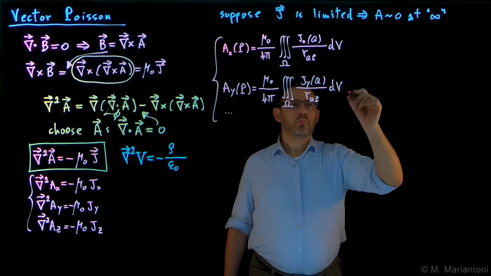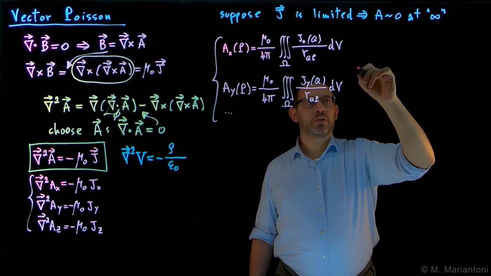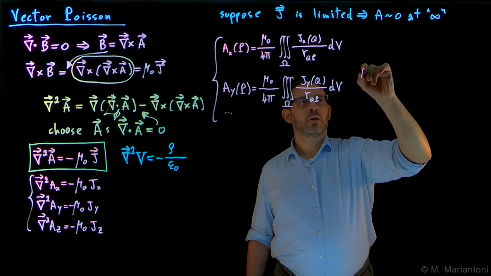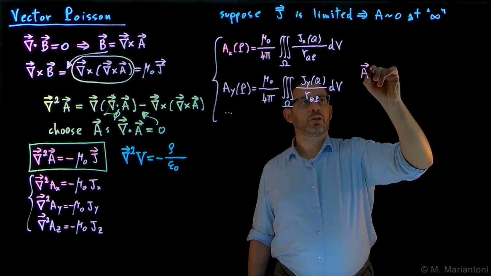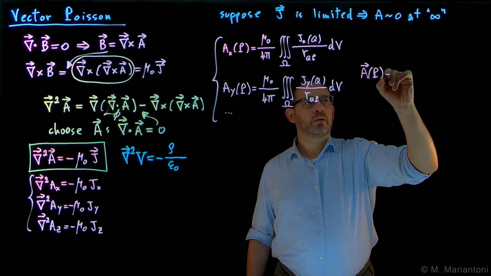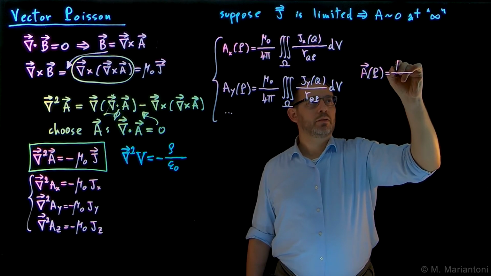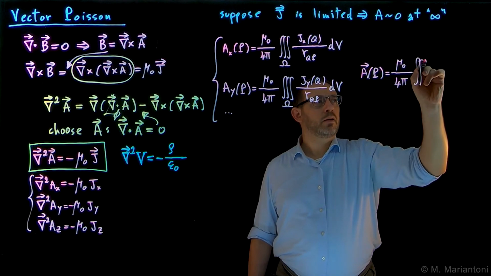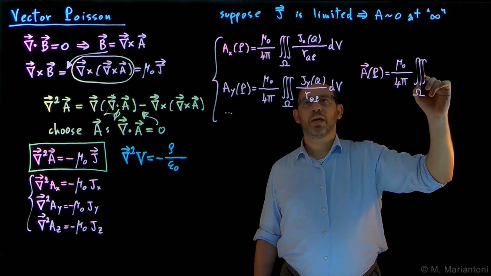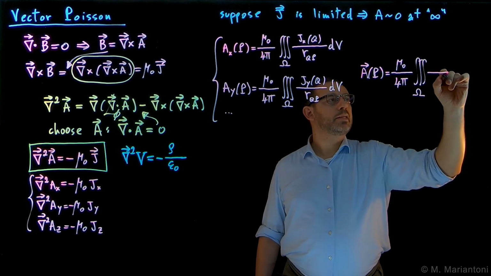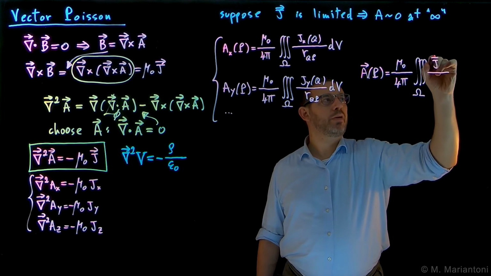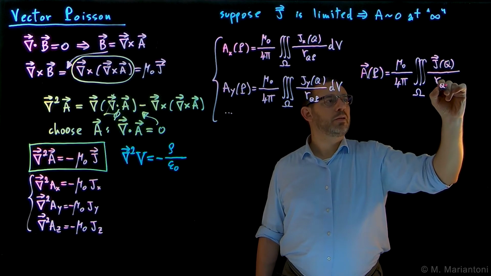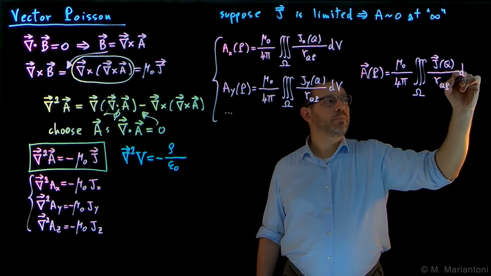All right. This set of equations can be rewritten as a single vector equation, that is A vector at the observation point capital P equal to mu naught over 4 pi volume integral in the region capital omega of, in this case, I sum up all the components of J, so I obtain J vector at the source point where the current is defined, divided by rQP dV.